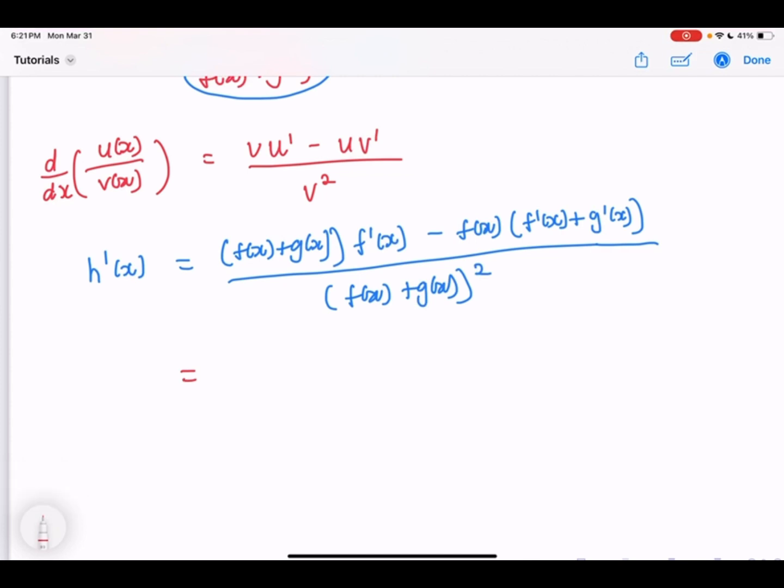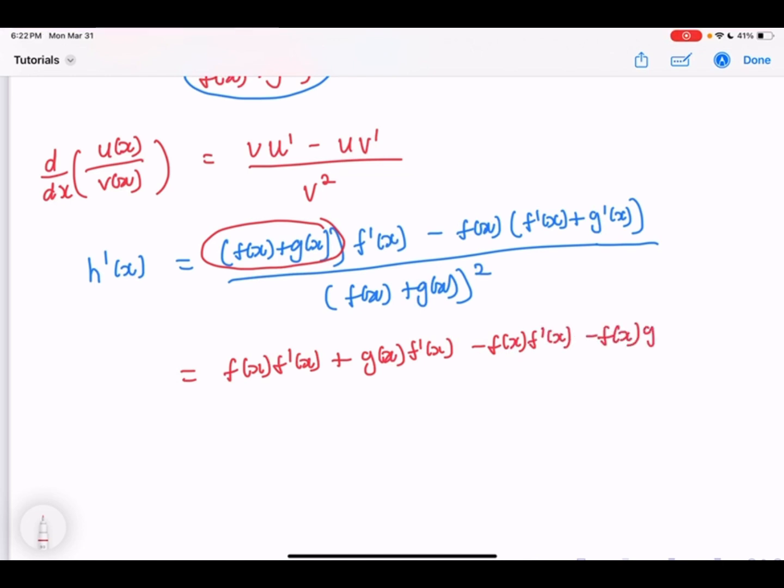So we are going to have f prime multiplying this, so that will be f of x, f prime of x plus g of x, f prime of x. So same to the other term, so that will give us minus f of x, f prime of x, minus f of x, g prime of x, all divided by f of x plus g of x all squared.